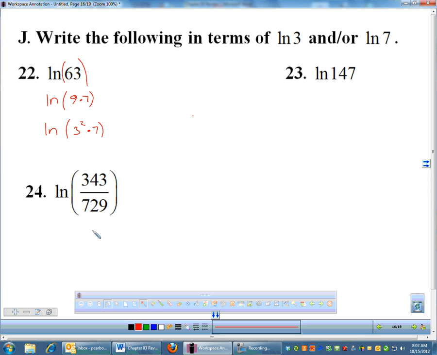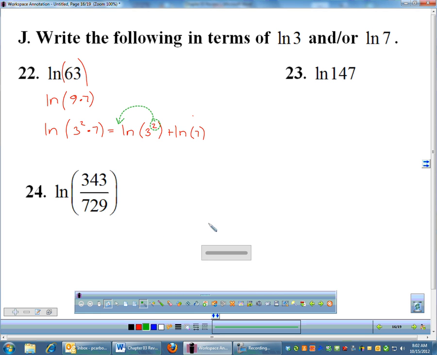And now if I have ln of something times something, you can split that into ln of 3 squared plus the ln of 7. Remember, multiplication can be split with addition. And then the last thing we're going to do is pull this 2 down. Exponents are going to come down as coefficients, giving me a final answer of 2 times the ln of 3 plus the ln of 7.